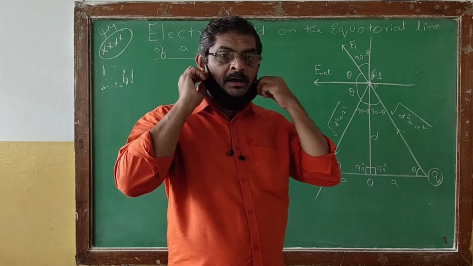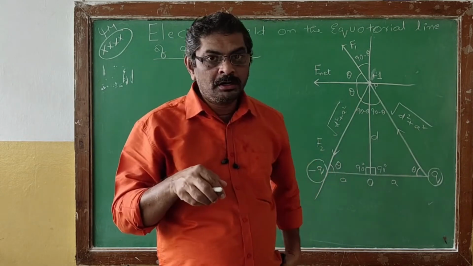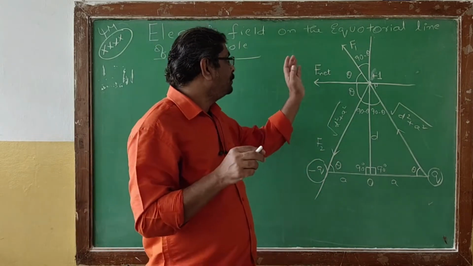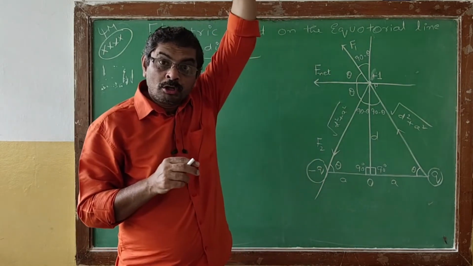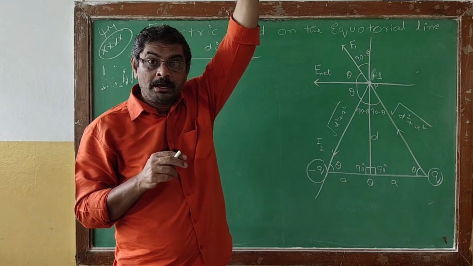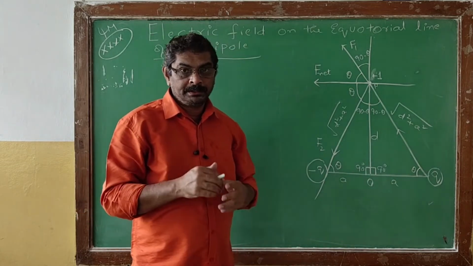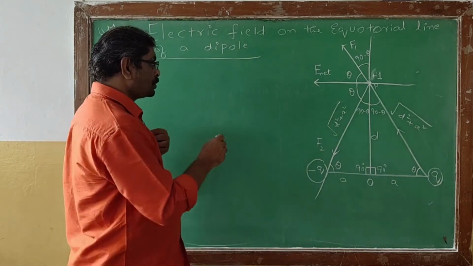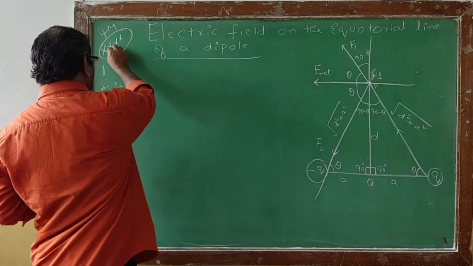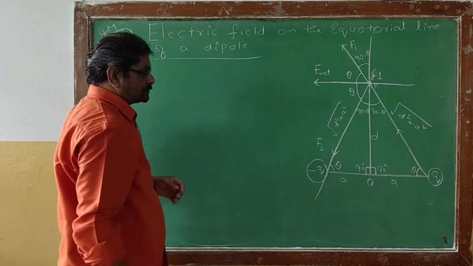Another important question for 4 marks is the electric field on the equatorial line of an electric dipole.